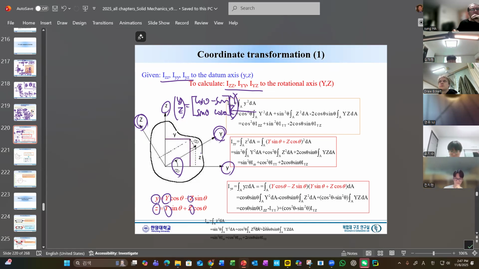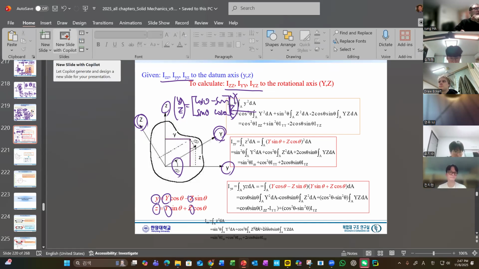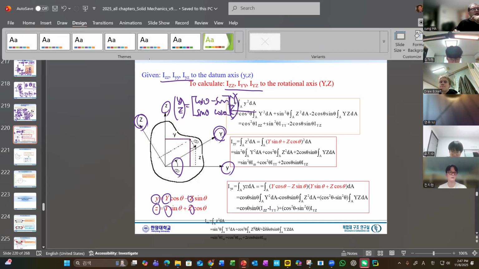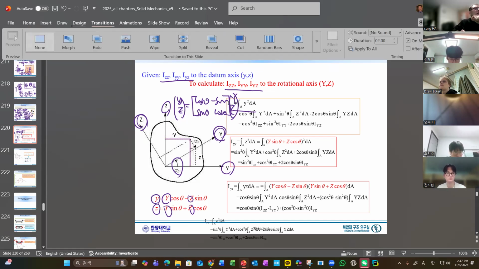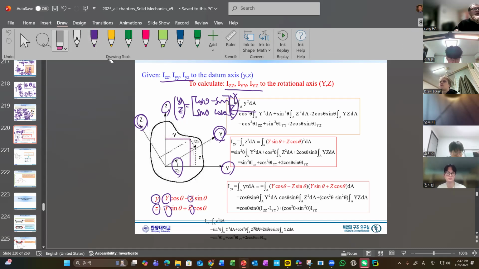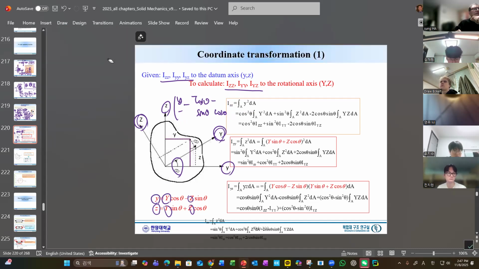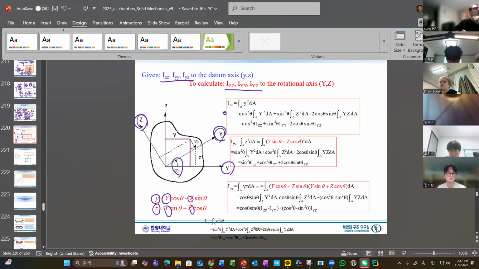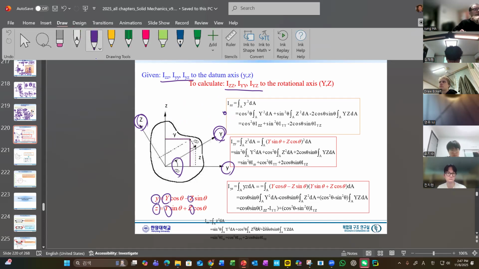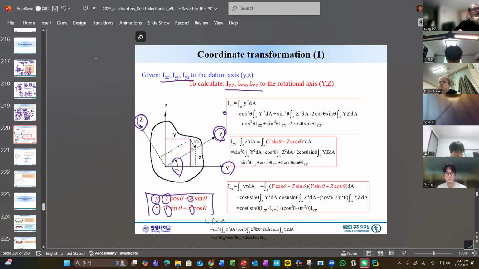This coordinate system is a little reversed, but it doesn't matter that much. So the point here is that this is nothing but these equations.